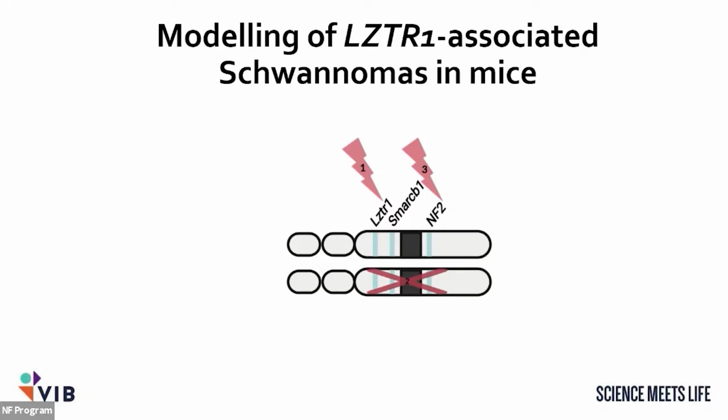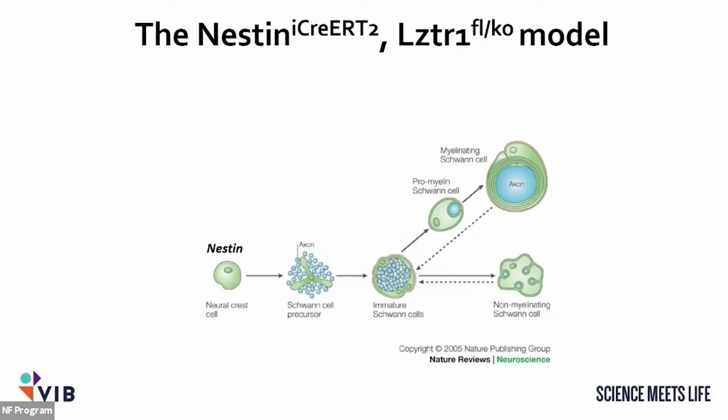But then in all schwannomas, this germline mutation is associated with loss of 20q. But also quite commonly, there is a second mutation in NF2 that is found only in schwannomas, but not in the blood of these patients. So we decided to try to model this situation.